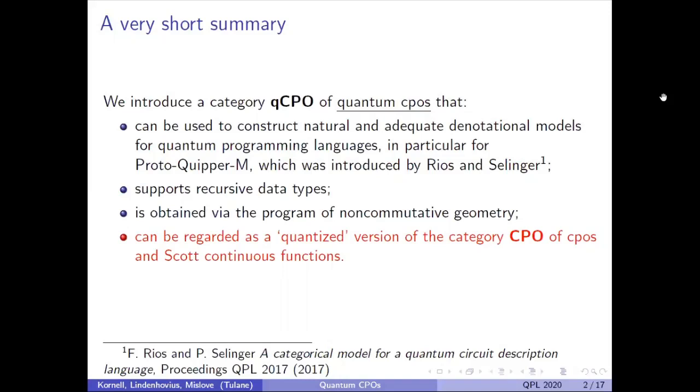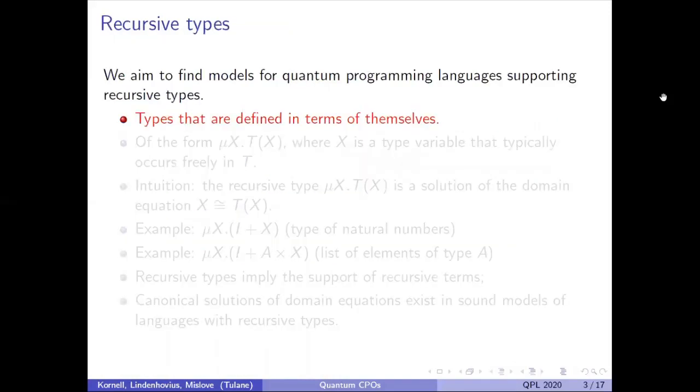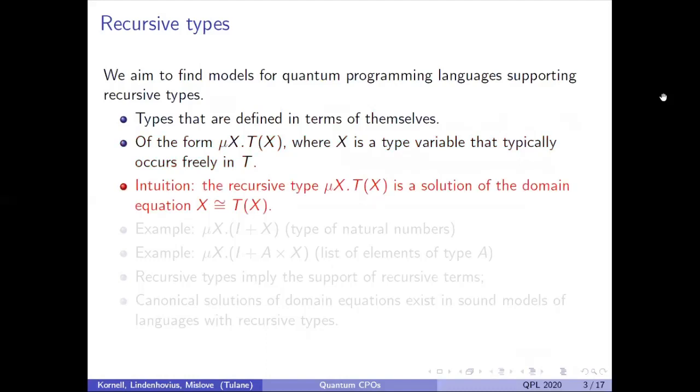Scott continuous functions. So what are recursive types? Those are basically types that are defined in terms of themselves. And they're often denoted as mu x. t, where x is a type variable. And the intuition is that the type is a solution of an equation of the form x is isomorphic to t of x, and such an equation is called the domain equation.